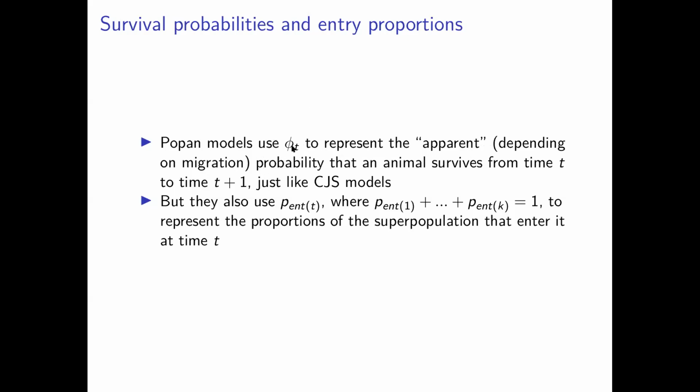And whereas for every survey time in your study you'll have a capture probability, you're only going to have one fewer survival probabilities, because it operates between surveys, so from one survey to the next.